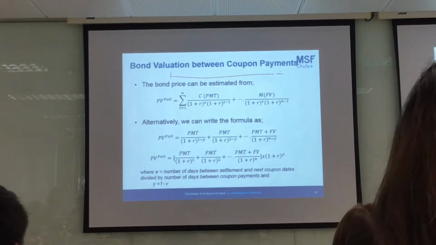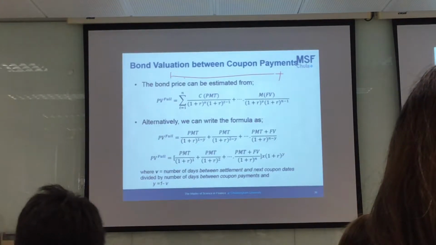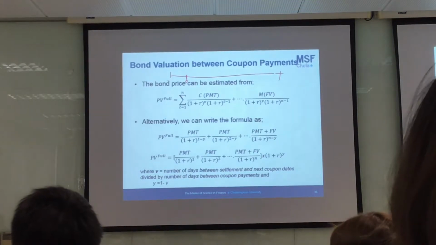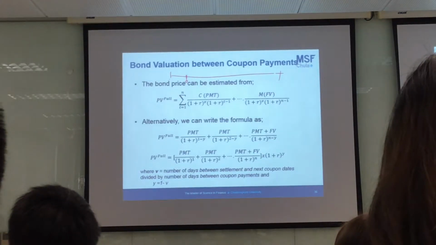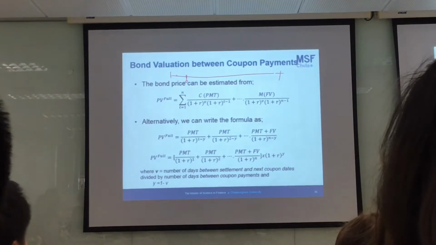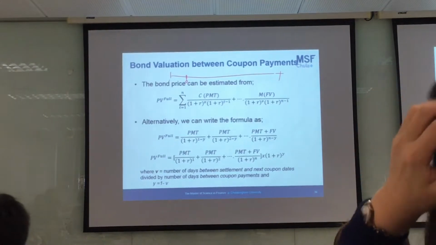Suppose you buy the bond at this time. This is the last coupon payment. Let me use the exact dates.